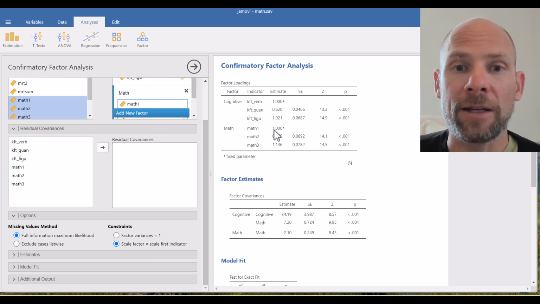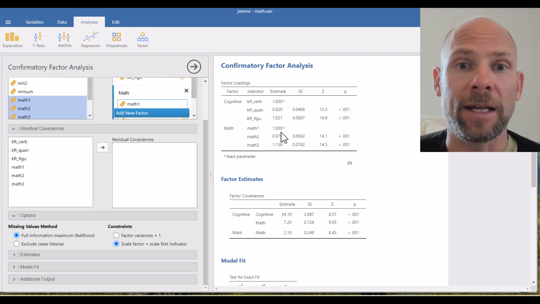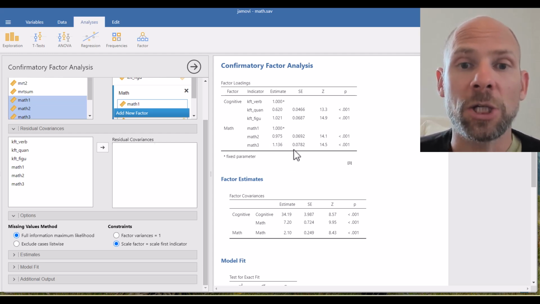So when I click on that, you can see the output changes again, and now the first loading on the cognitive factor of the KFT verbal indicator is fixed to 1, and the other loadings change accordingly. And then also the math indicator number 1 here is also now fixed, or the loading of that indicator is fixed to 1, and the other loadings are then changing accordingly.